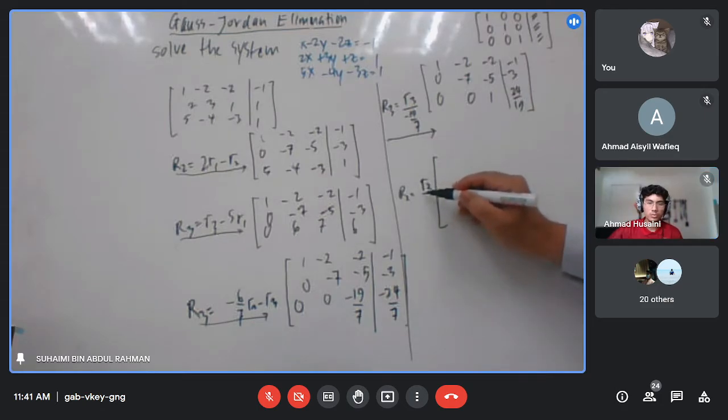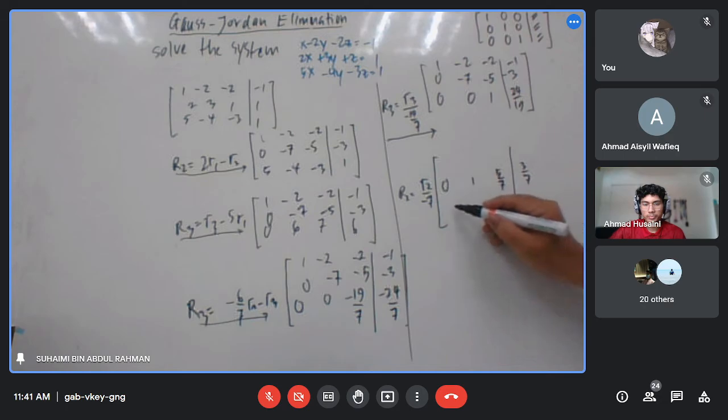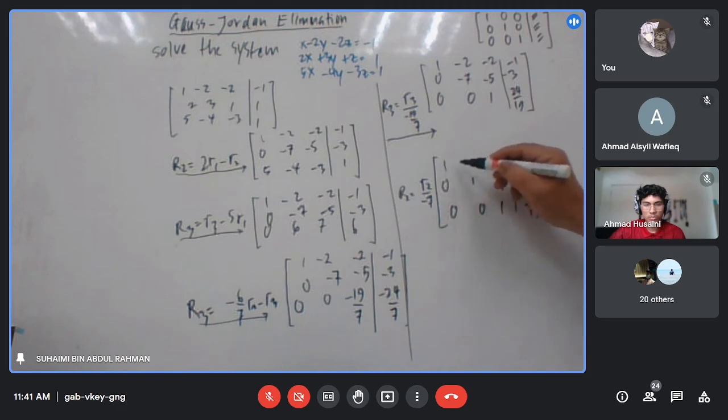Row 2 divided by minus 7. So 0, 1, 5 over 7, 3 over 7, 0, 0, 1, 24 over 19, 1 minus 2 minus 2 minus 1.